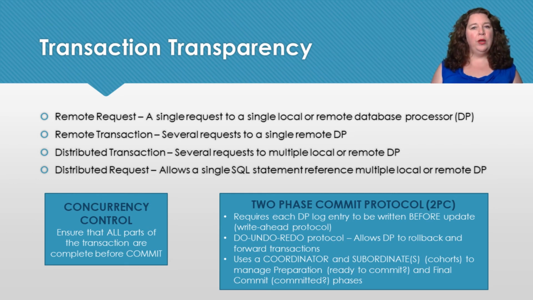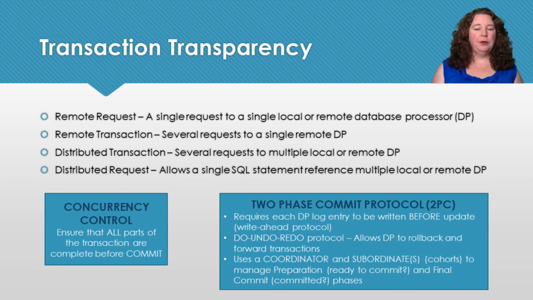So a remote request is simply a single request to a single remote data processor. Okay, so it's just one SQL statement that is going to a specific data processor. It's all it's handling. It's very simple. A remote transaction would be a transaction going to a single remote data processor. So a remote transaction, remote request, those are things that are going to a specific remote data processor.